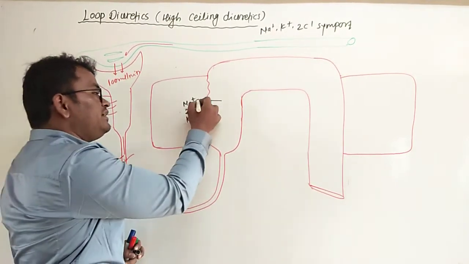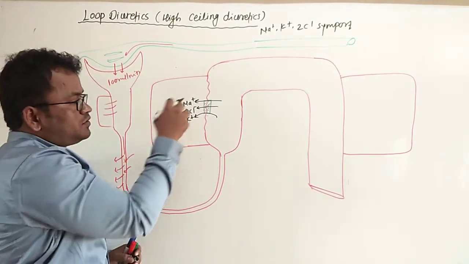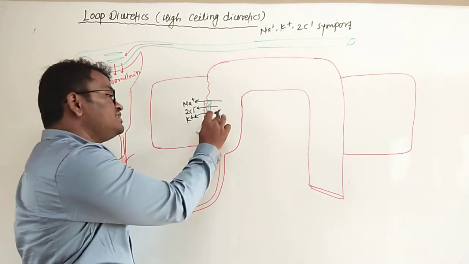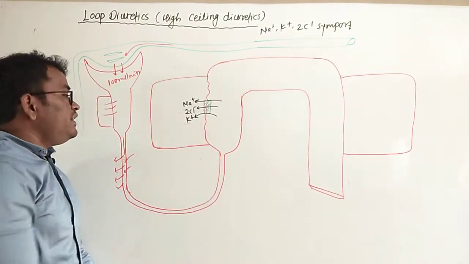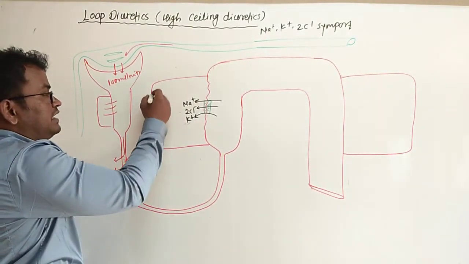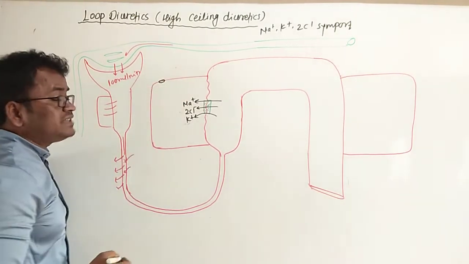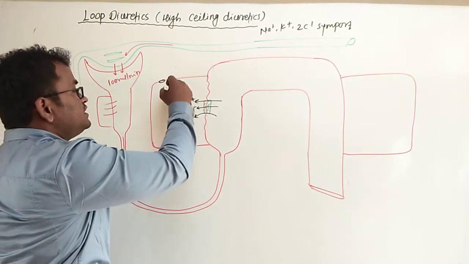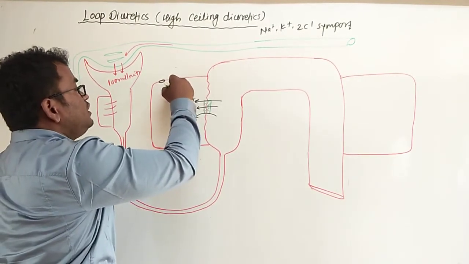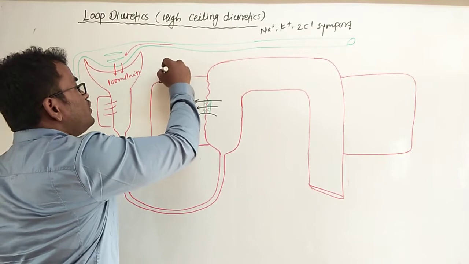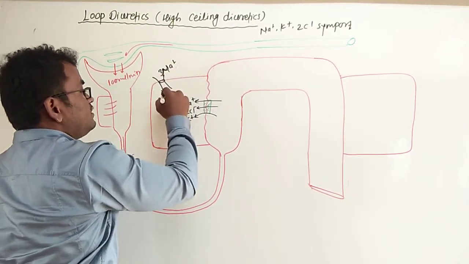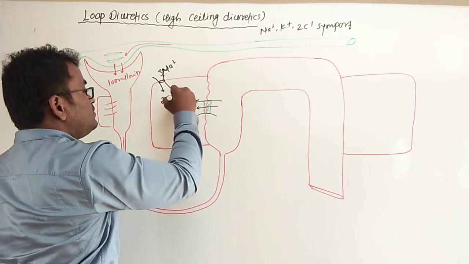It reabsorbs the sodium, chloride and potassium from the luminal side into the cells. Next, on the cell, this is the basolateral side, and this basolateral side consists of special pumps, the sodium potassium ATPase. These take 3 sodium outside and bring 2 potassium into the cells.